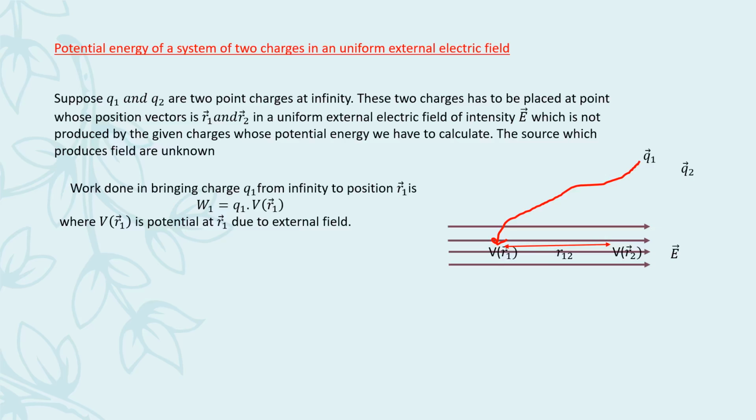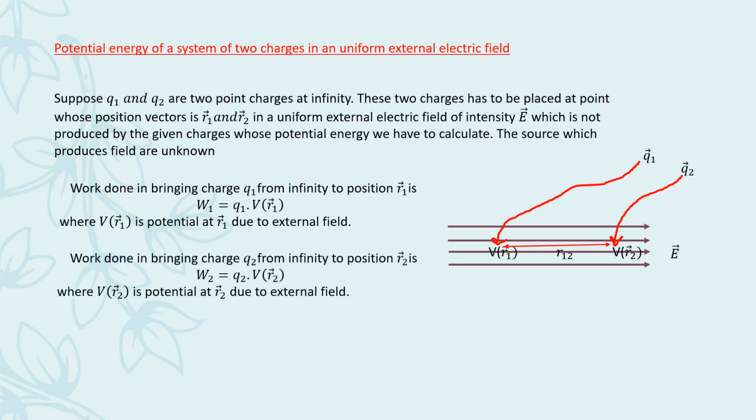Now if there is another charge Q2 at infinity and this charge is to be brought from infinity to the point whose position vector is R2, the amount of work done in bringing the charge Q2 from infinity to position R2 is W2 equal to Q2 into V(R2).